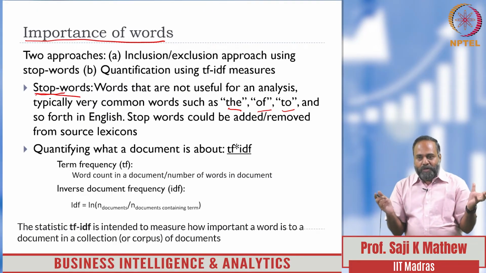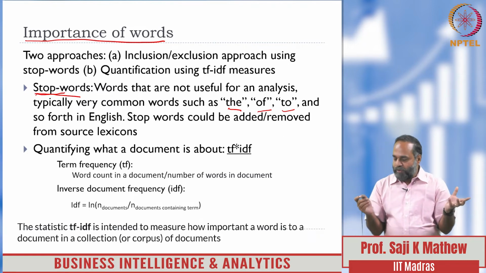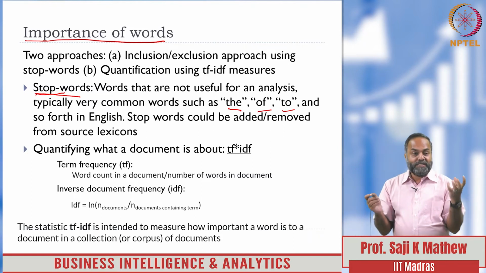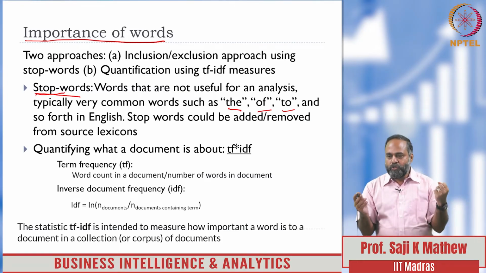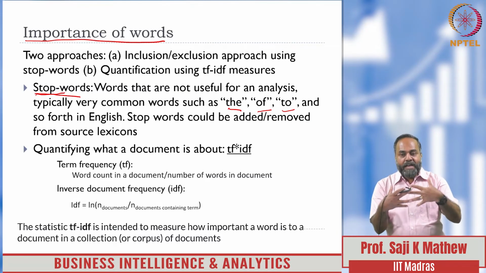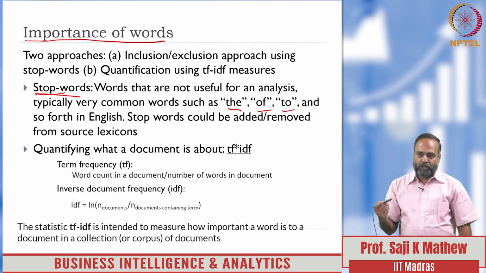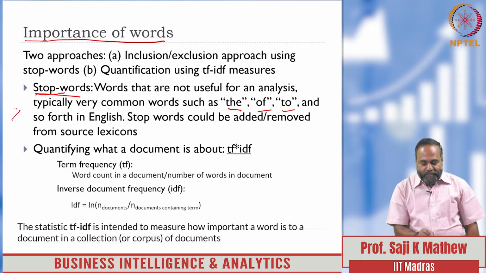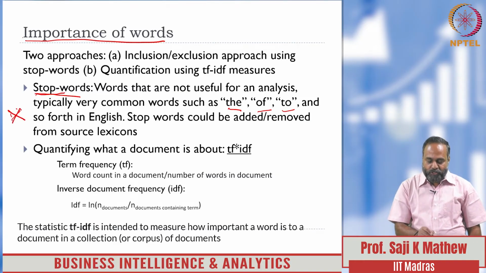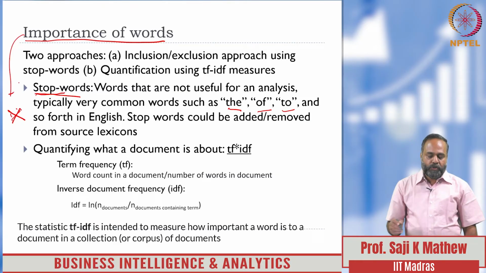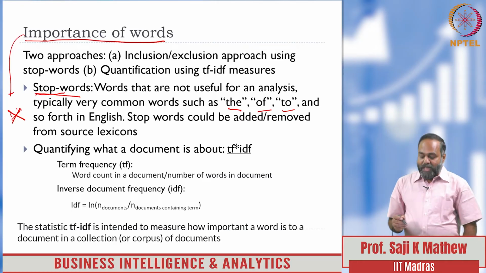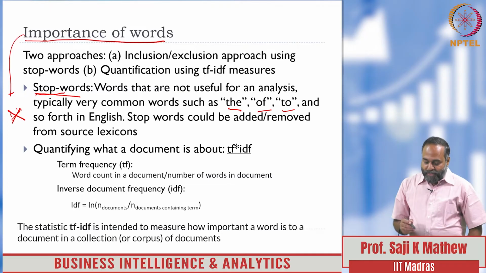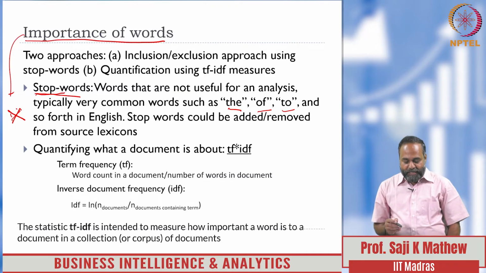Stop words for each language are available in certain dictionaries, in certain lexicons. So, you can use those lexicons and then sort of anti-join, remove those words from your corpus, so that they do not get into your analysis. So, this is related to importance because they are unimportant. The other is quantifying the importance of a word in a document.